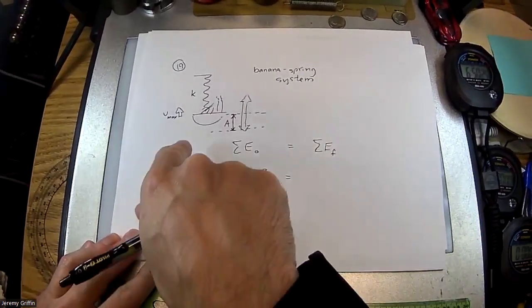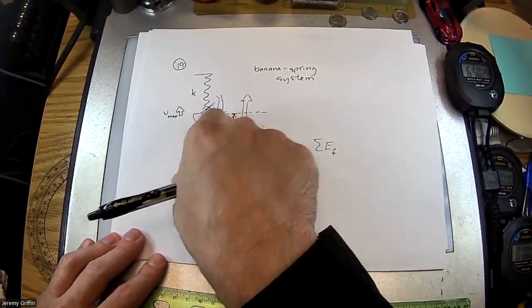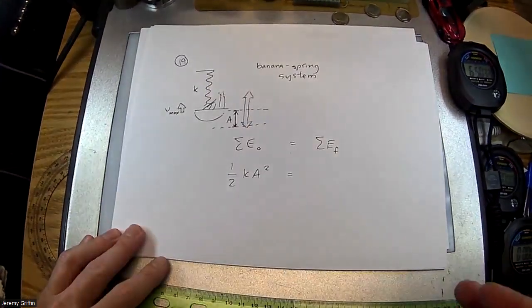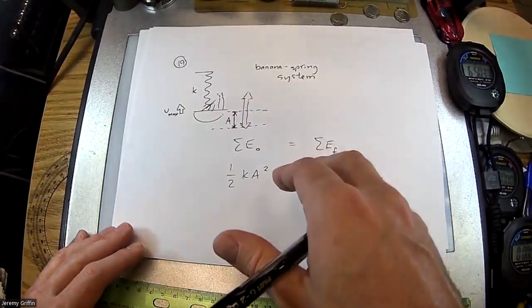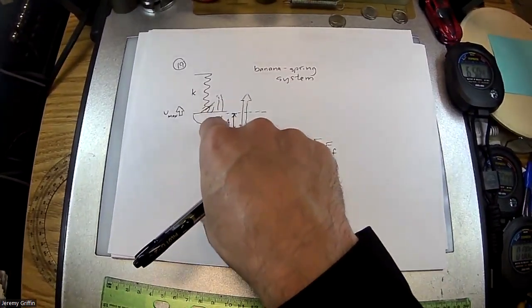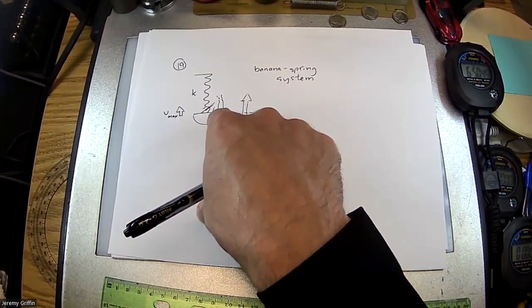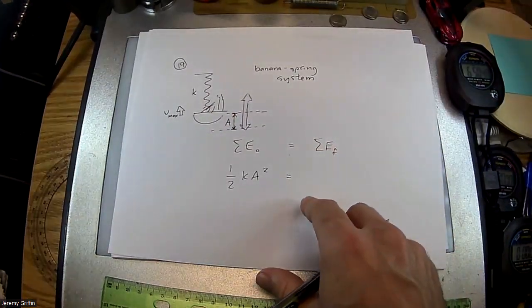And at some point, the bananas have maximum speed, in which case that's going through the equilibrium point, and you could consider the spring to be not stretched. You might say, well, isn't it actually stretched because it's vertical? That's another thing you can kind of cut through. If you hang it vertically, then at the equilibrium point it would be stretched, but we're going to be treating that as if it's not stretched at all.